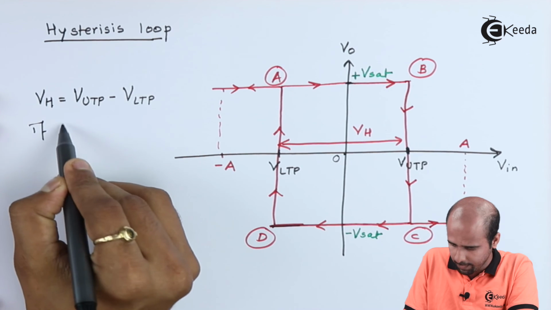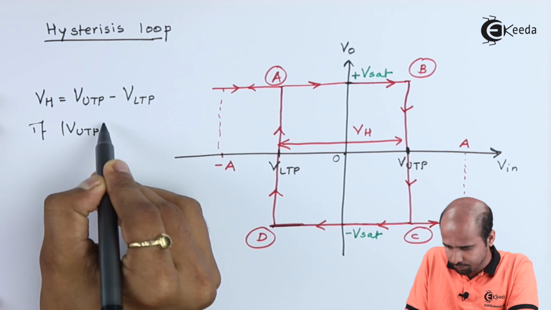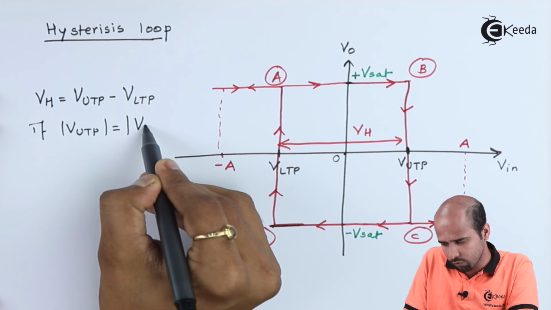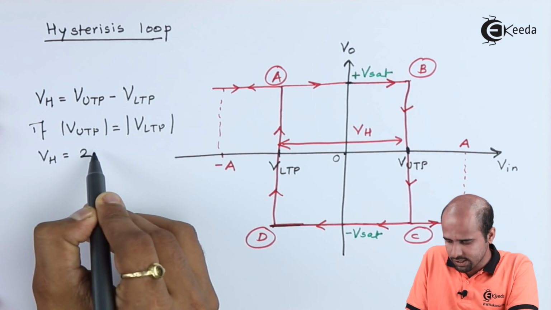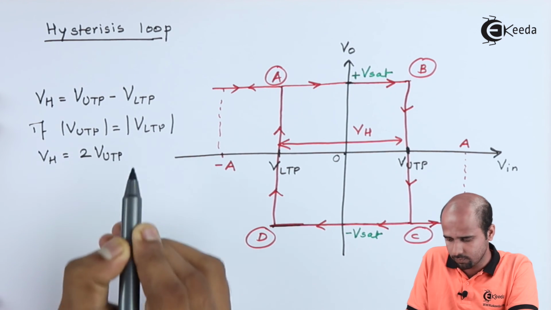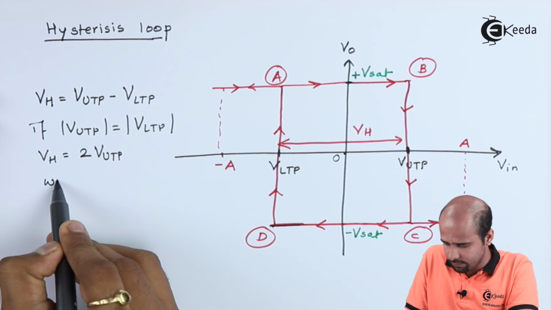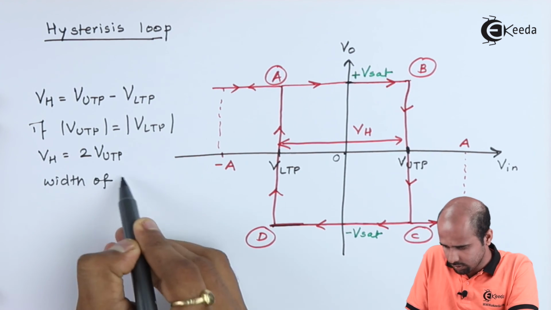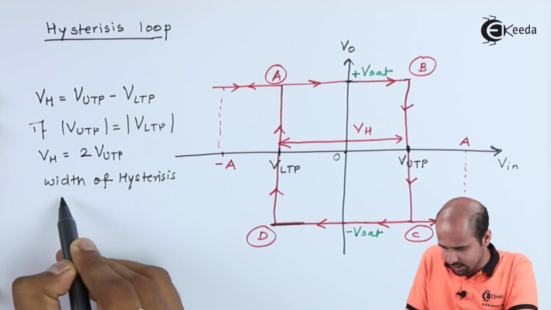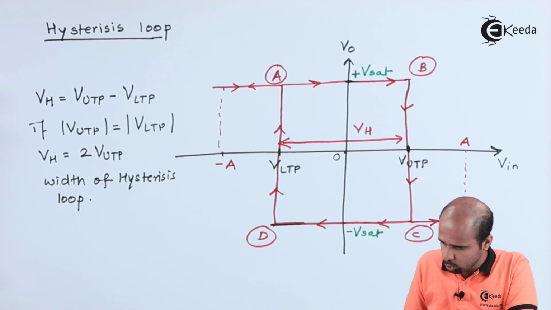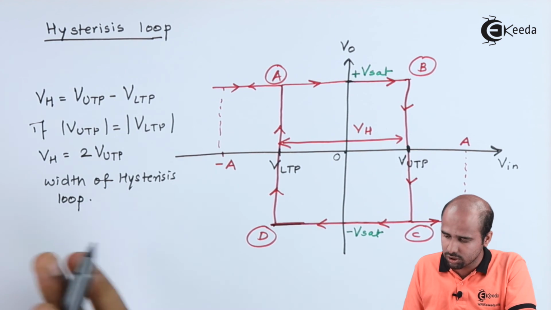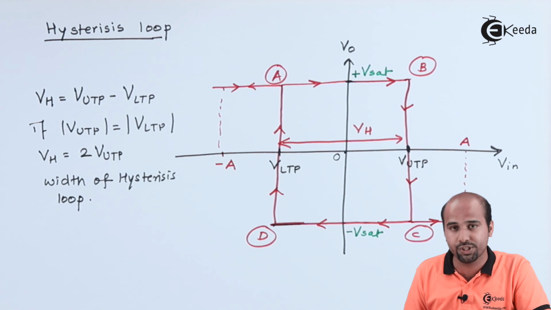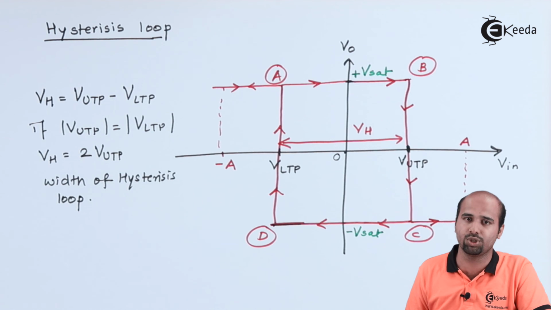So we will write if mod of VUTP is equal to mod of VLTP, then we will be getting VH is equal to twice of VUTP, and this is called the width of the hysteresis loop. Cool. From the width of the hysteresis loop, we will get to know the variation of the input signal with respect to your reference voltage, and that too depends on the saturation voltage.